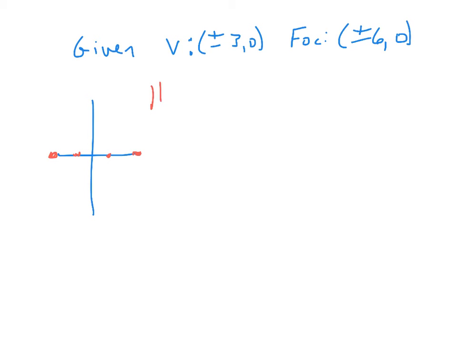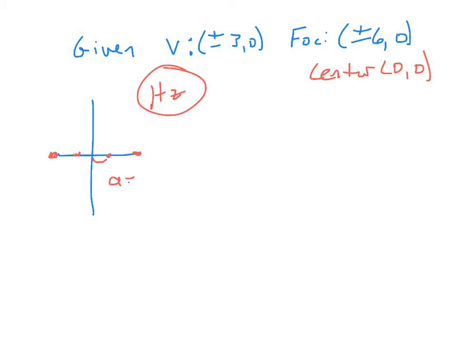So that means that this is horizontal. It also means that a is the distance from the center, and by the way, my center here has to be the midpoint of those, so I know my center's at the origin.